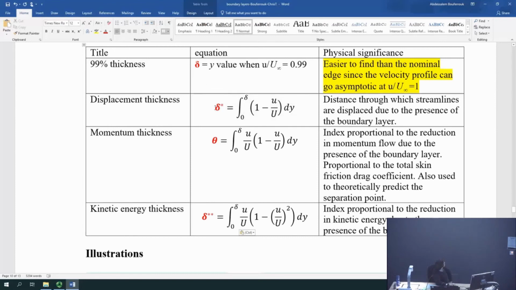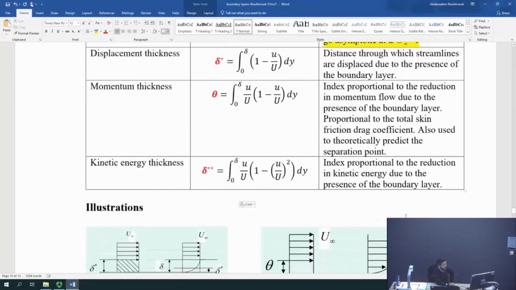So this one is actually to do with reduction of the mass flow rate. This one to do with the reduction or deficit in momentum. But they're really both slightly different ways of telling you that the boundary layer will displace the streamlines, okay? And they're both displacement thicknesses. So delta star and theta.